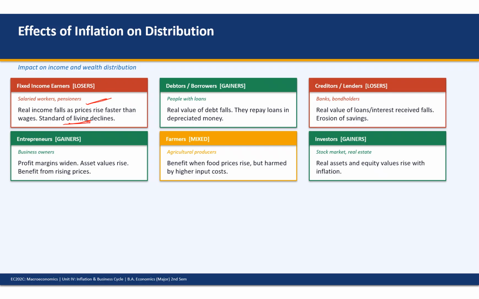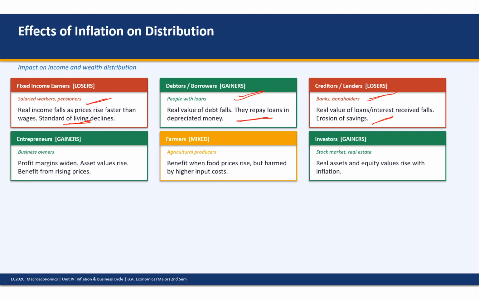Second, the debtors or the borrowers gain since they repay loans in depreciated money. The real burden of debt becomes lighter for debtors and borrowers. Third, the creditors and lenders are the losers because the real value of money they receive back becomes lower.